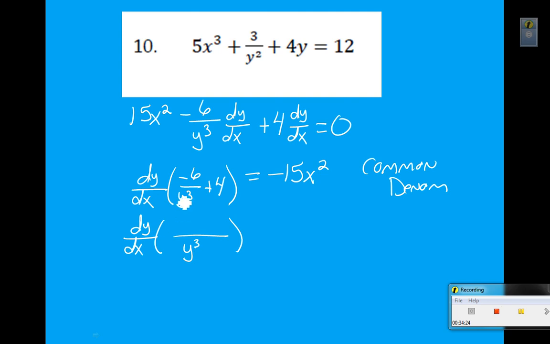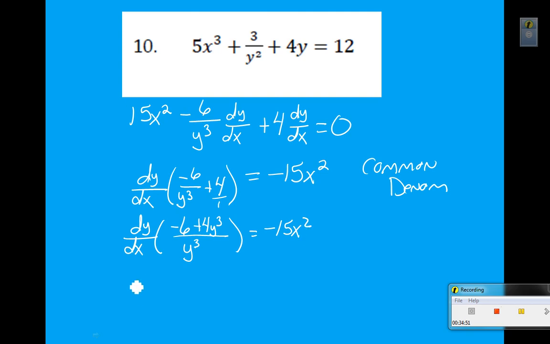To go from this y cubed to this y cubed, I don't need anything with the negative 6. But to go from this denominator of a 1 to a denominator of a y cubed, I need to multiply by y cubed. So I'm going to have plus 4y cubed equal negative 15x squared.